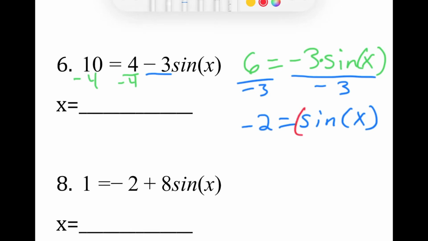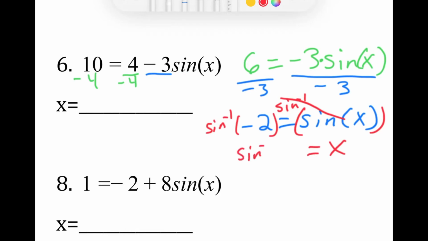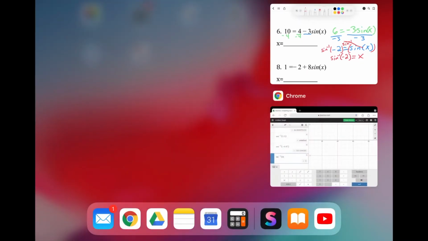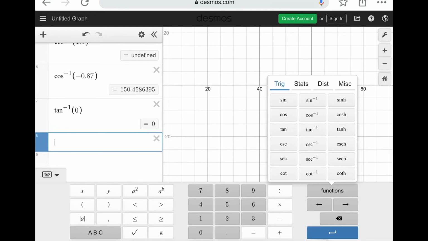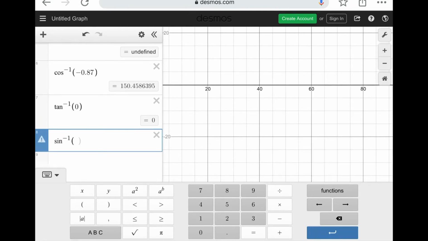Then to get x by itself, we have to take the inverse sine, or the inverse function of sine. What we do on one side, we have to do to the other. Sines cancel out. We're left with x equals inverse sine of negative 2. So we put this in our calculator. We've got function, inverse sine of negative 2.